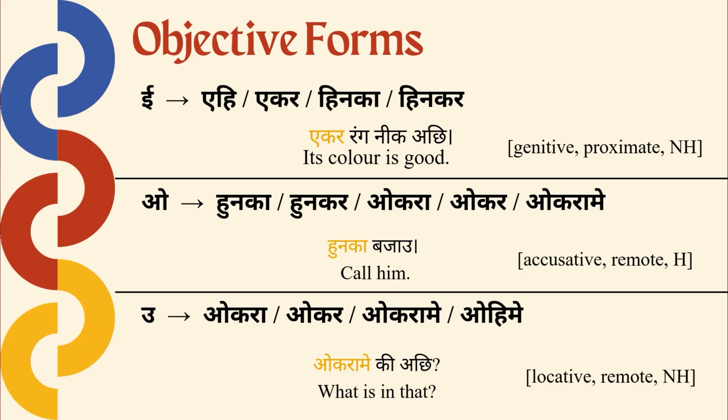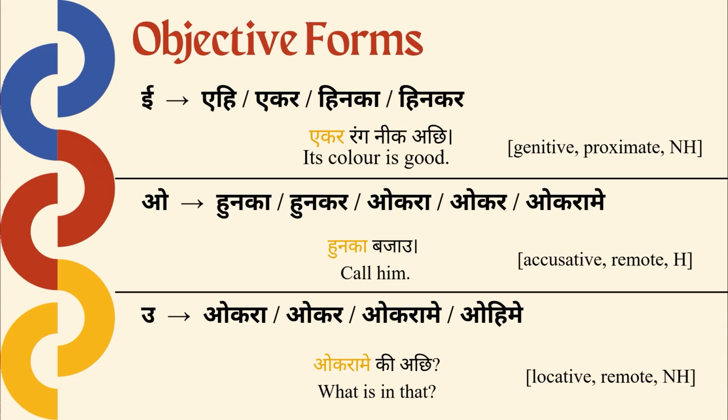Now U also has multiple forms. So since U is generally used for non-honorific forms, it won't have non-subjective forms hunka or hunkar, because hunka and hunkar automatically carry a honorificity. So U will change to okra, okar, okra mein or ohi mein.